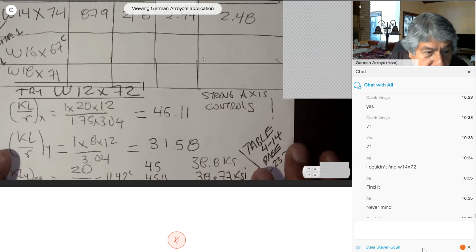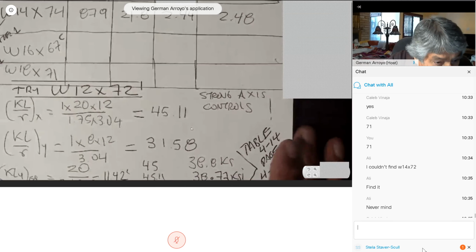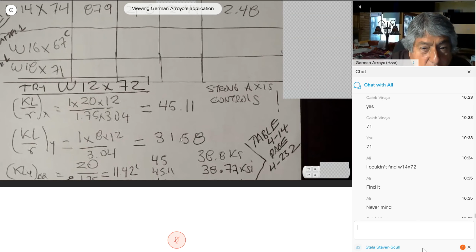It gave me 45.11. But the KL over Ry, 1 times 8 times 12 over Ry, is 31.58. This is larger than this. That's why we say the strong axis controls.